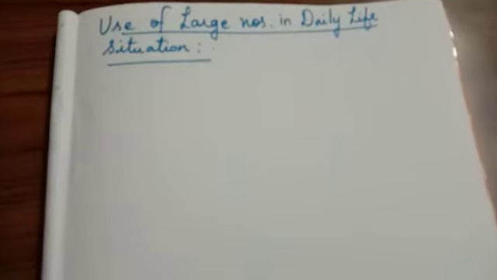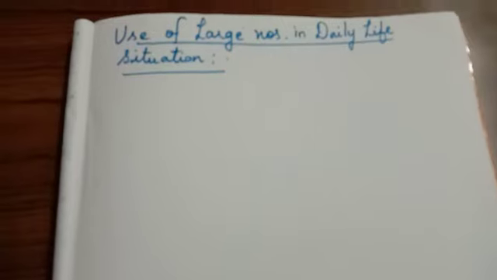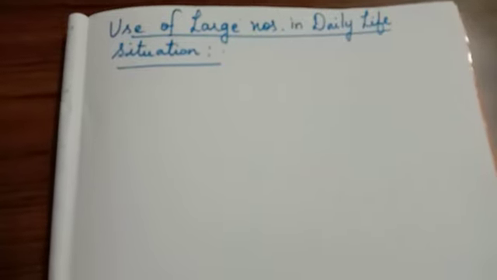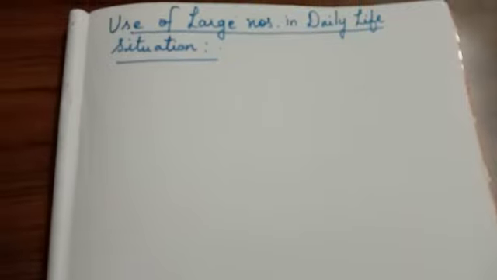So there we are using addition. Sometimes when they give you a discount, you will subtract it from the total amount. So in daily life you will be using addition, subtraction, multiplication and division.